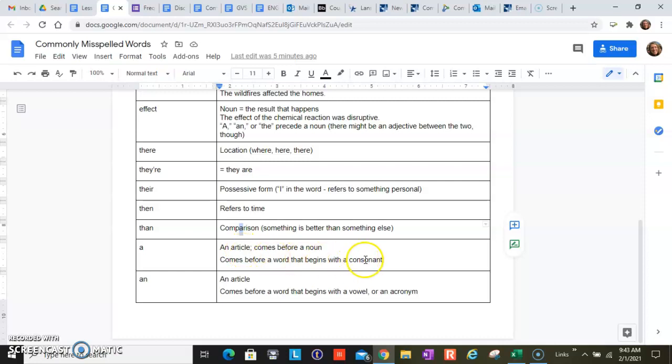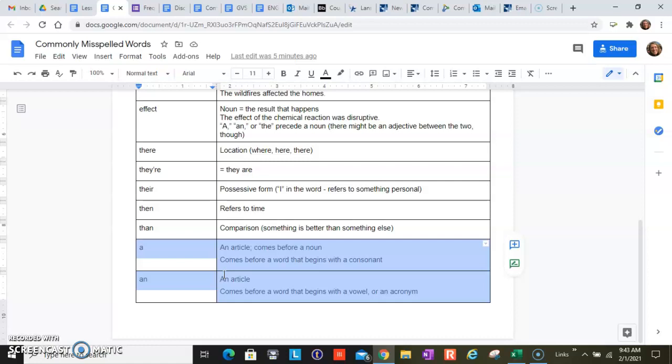A comes before a word with a consonant. And then an comes before a word that begins with a vowel, or it comes before an acronym. So let me just say a few things here, though. A and an. You know, this English language is just kind of crazy and hard to learn, but sometimes you have to use discretion.